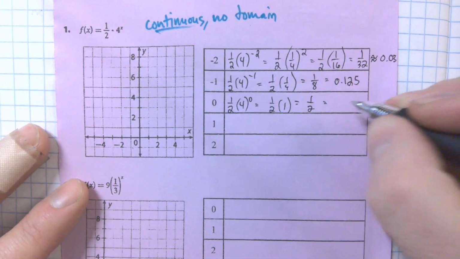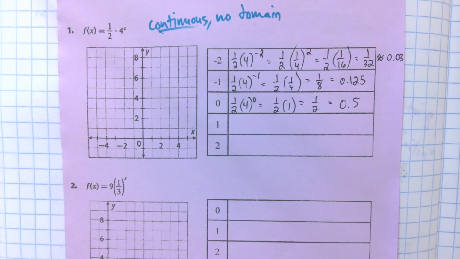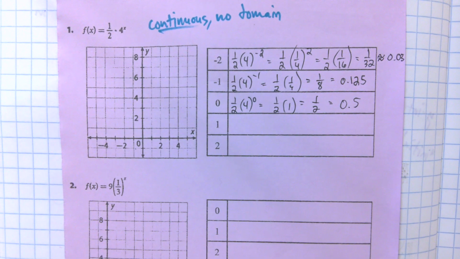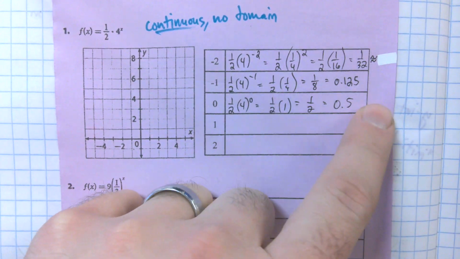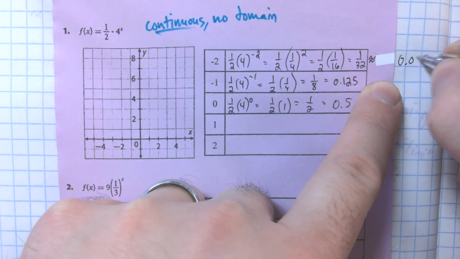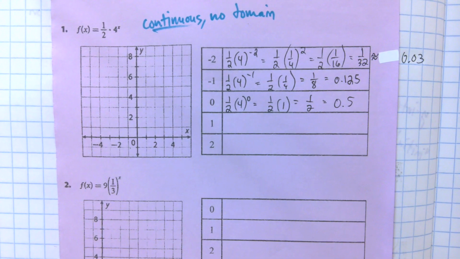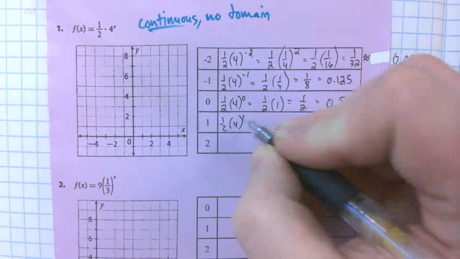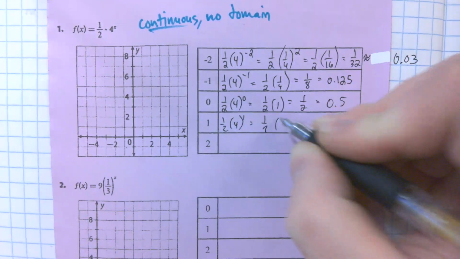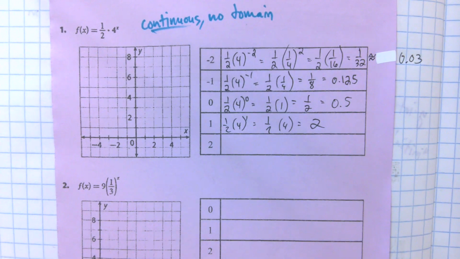Or 0.5. If I plug in 1, what's 4 to the first power? Just 4. And what's 1/2 times 4? 2.